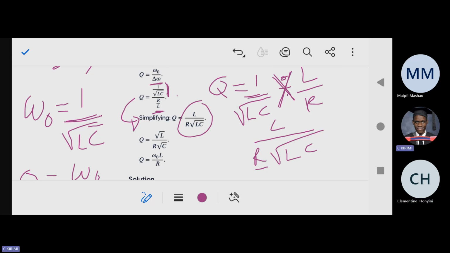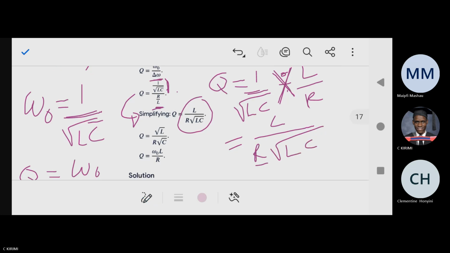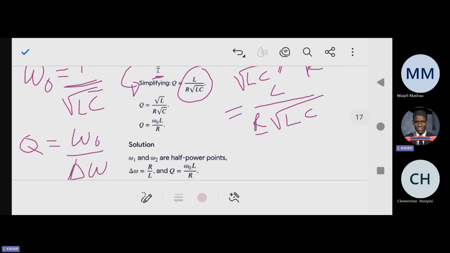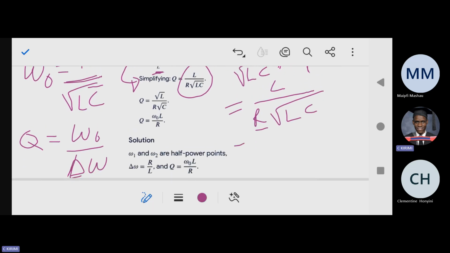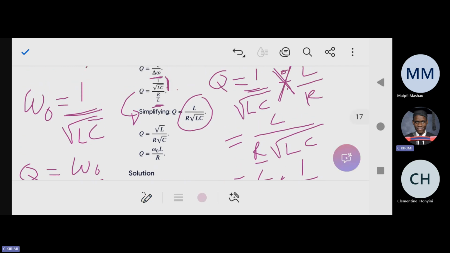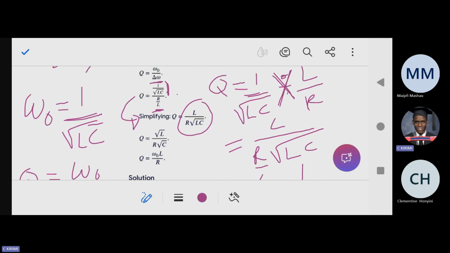And then you manipulate again, which means now you want to take each term separately. L over R, you write, which is equal to L over R multiplied by 1 over root of LC. So still we are coming back to this point, 1 over root of LC.